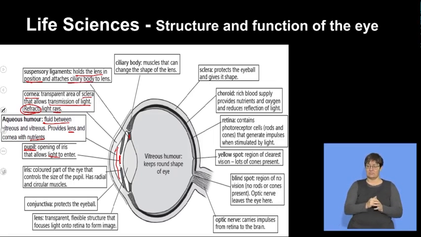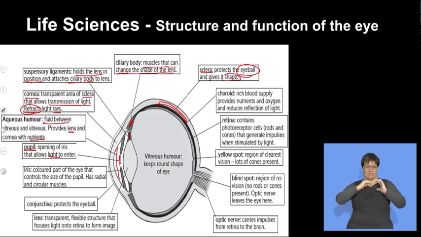The next one here is the ciliary body, and then the muscle that can change the shape of the lens.